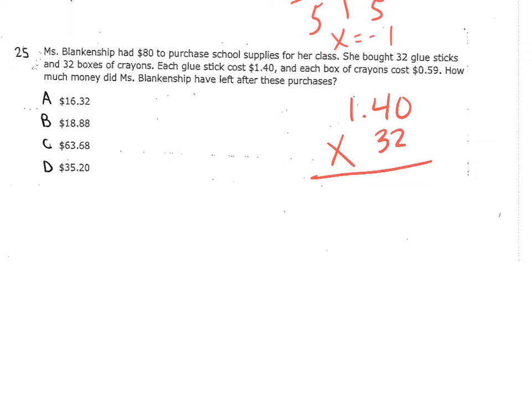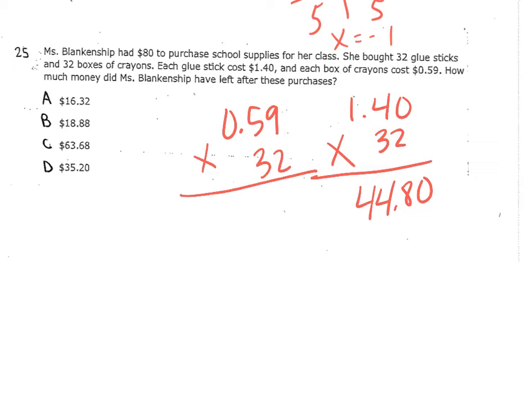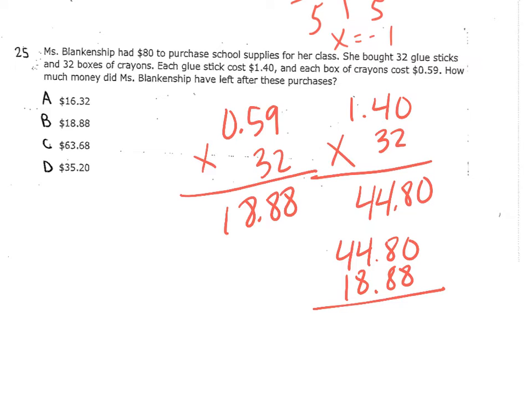So $1.40 times 32 is $44.80. And then 59 cents times 32. So 0.59 times 32. And we got 18.88. So then I'm going to add those two, 44.80 and 18.88, and we're going to get 63.68.